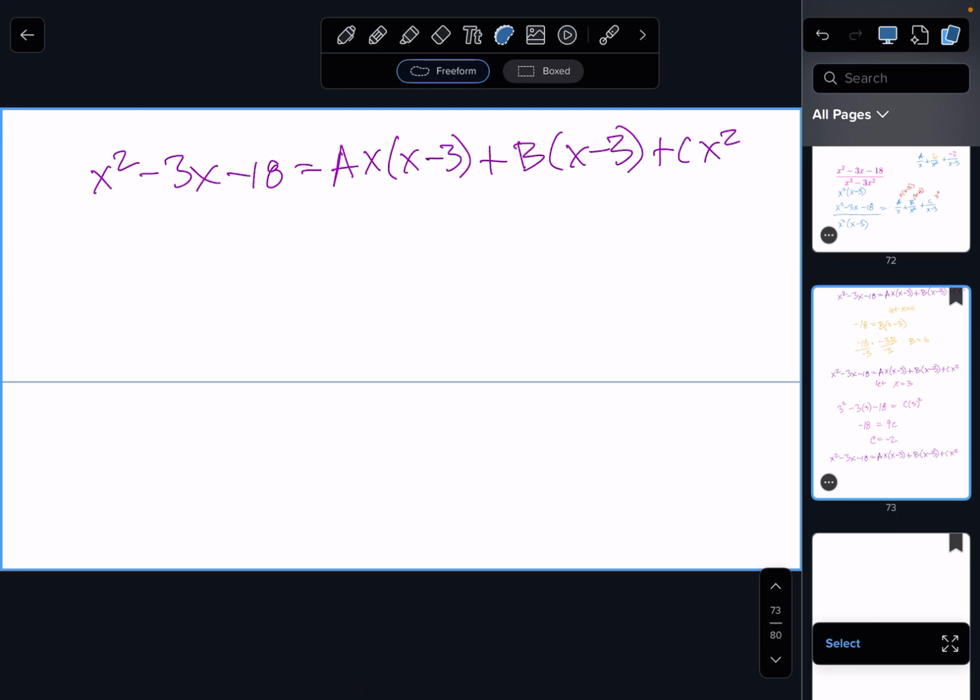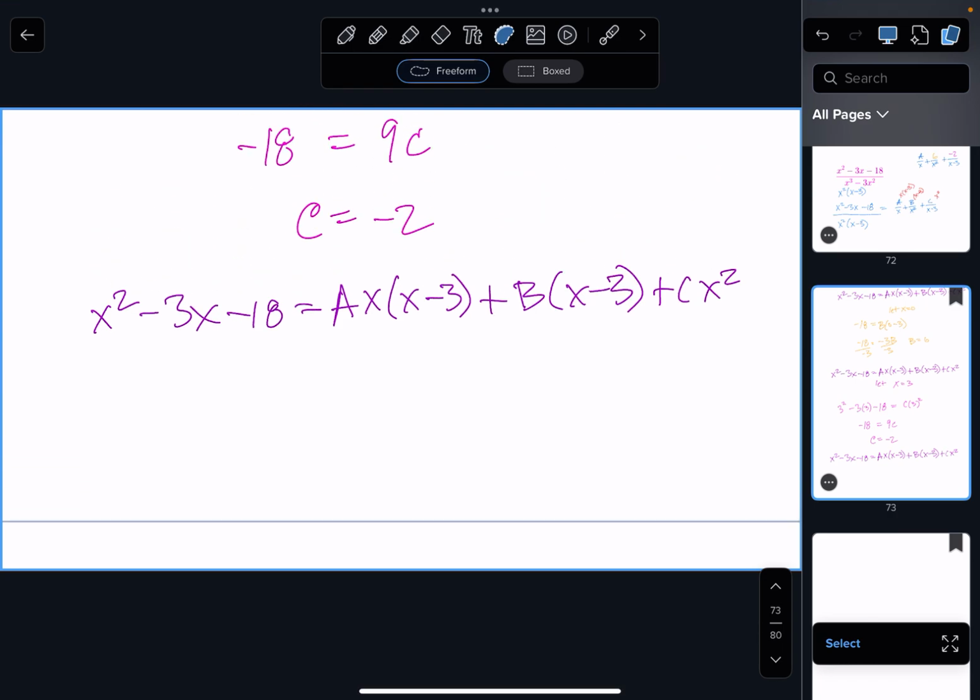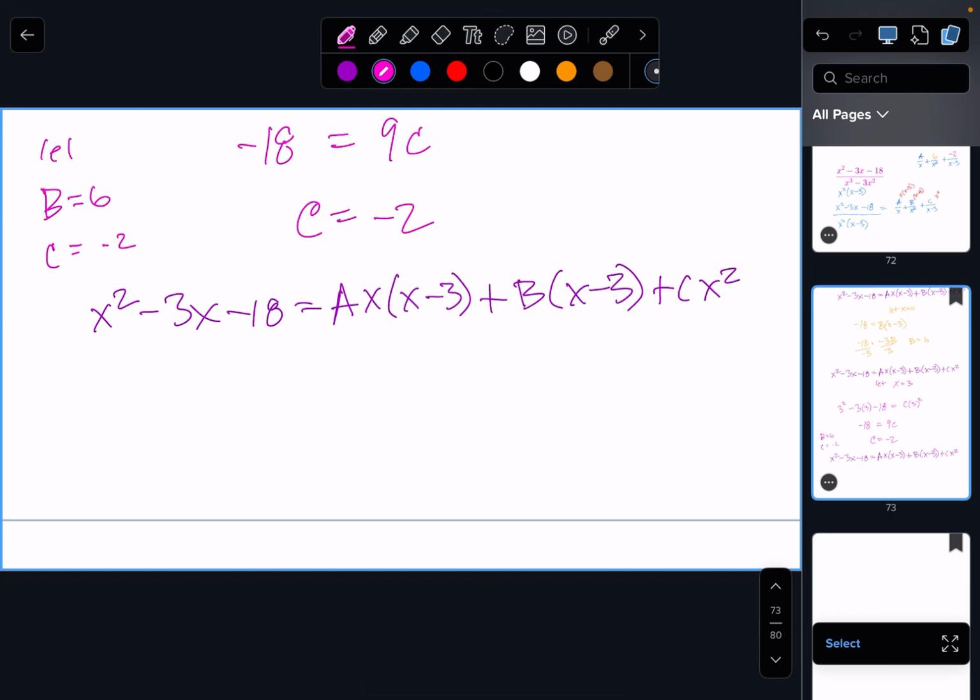So I'm going to write up here, B was 6 and C was negative 2. And then we're going to let x equal 1. 0 is the easiest. After 0, 1 is the easiest.